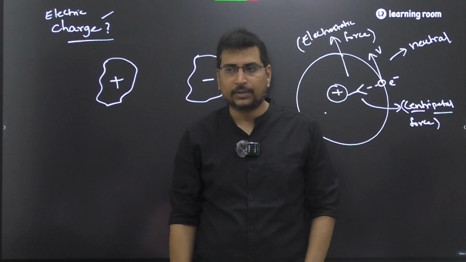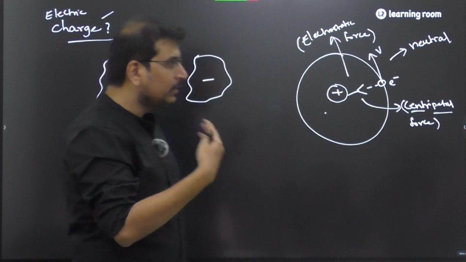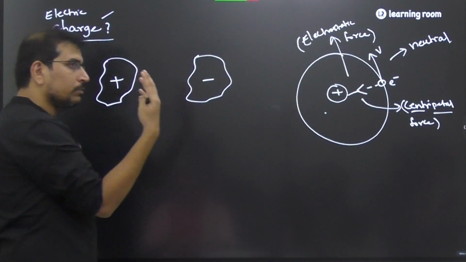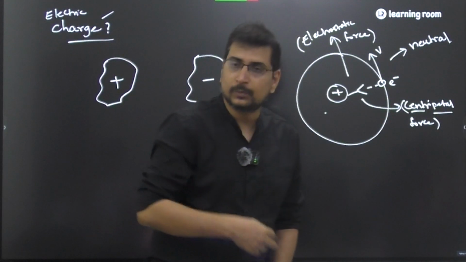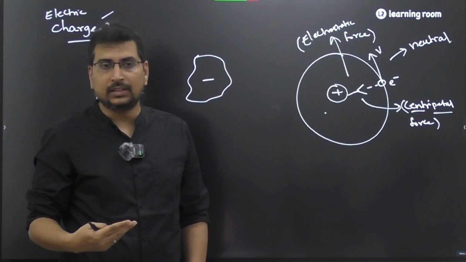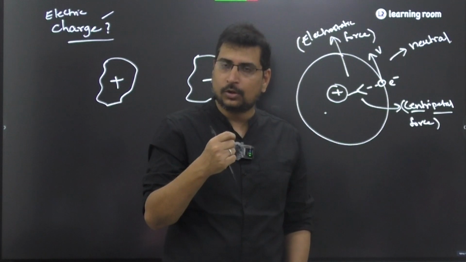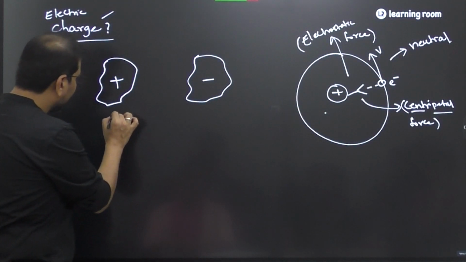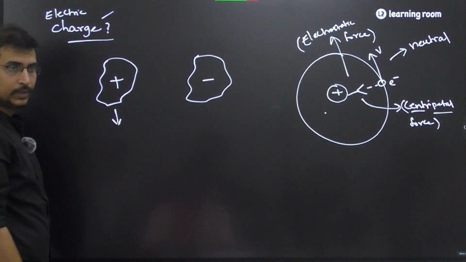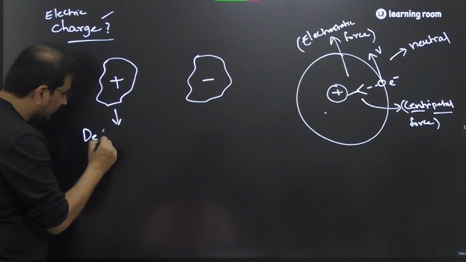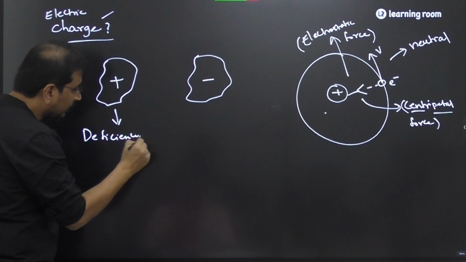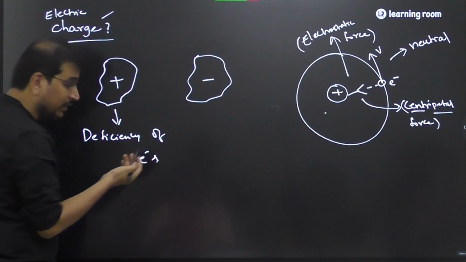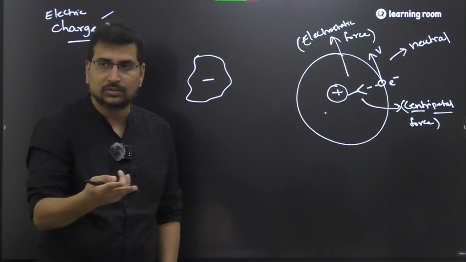You're able to understand what I'm trying to say? So, whenever you talk about the material getting charged, what is it we actually do? We either remove an electron or add an electron. So, when I say positively charged, can you give me the conclusion for this? There is deficiency of electrons. When I say deficiency of electrons, you can say the number of protons are more.